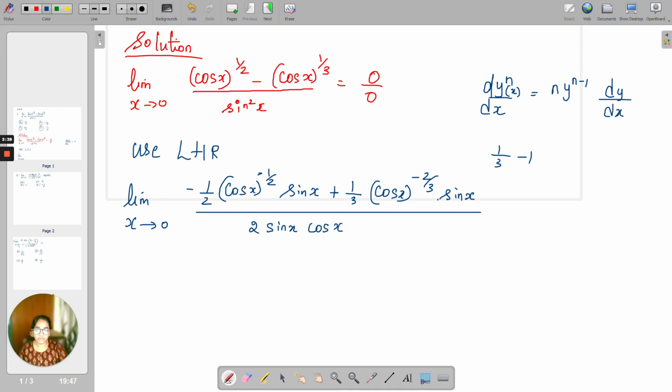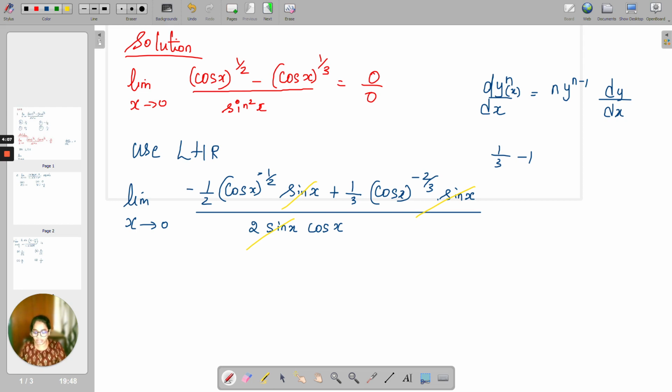Now 2 sin x cos x is a trigonometric formula, right? So 2 sin x cos x is sin 2x. Should I substitute that now? You see, in the numerator you have sin x, even here sin x. So if we are free from sin x, we have only cos x.